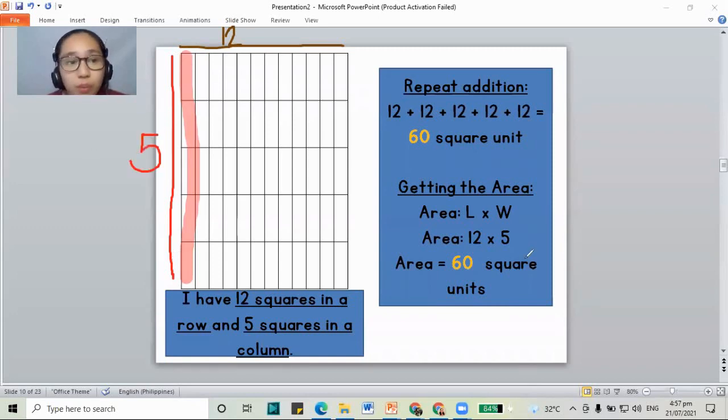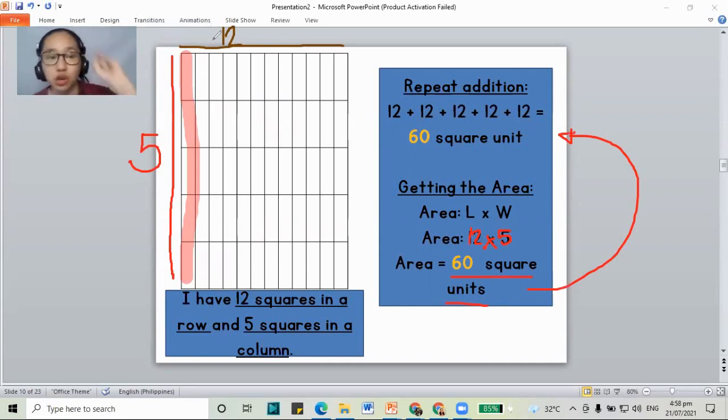Now, if I do my area again, remember, length, that's 12. The width, that is 5. 12 times 5, it's 60 square units. But if I do repeat addition, I will add 12 5 times. 12 plus 12 plus 12 plus 12 plus 12. That is 60 square units.